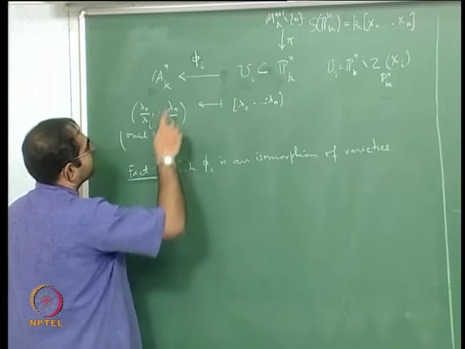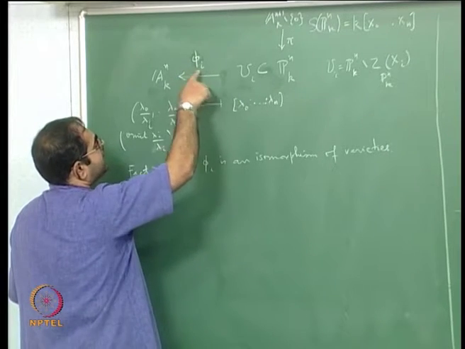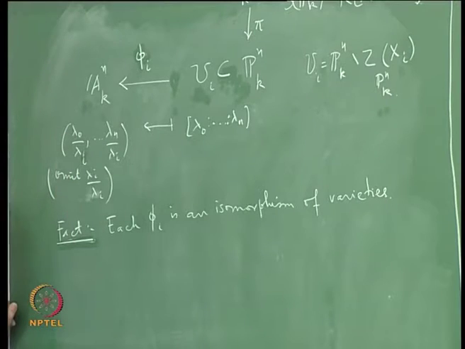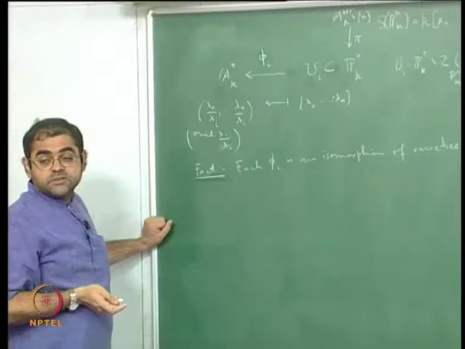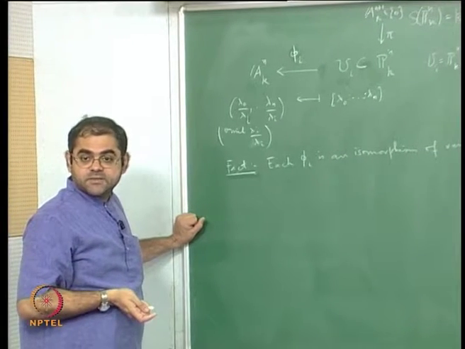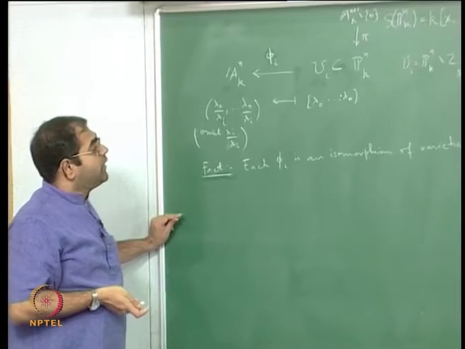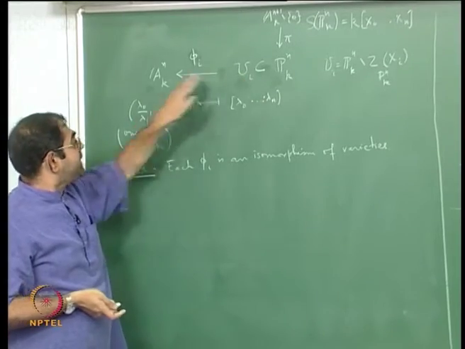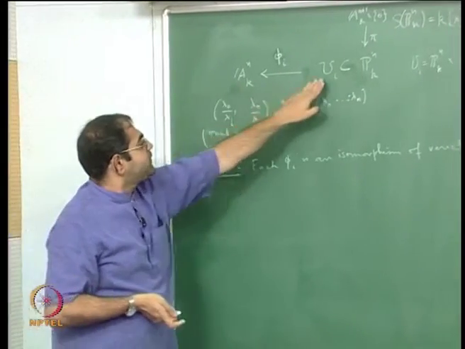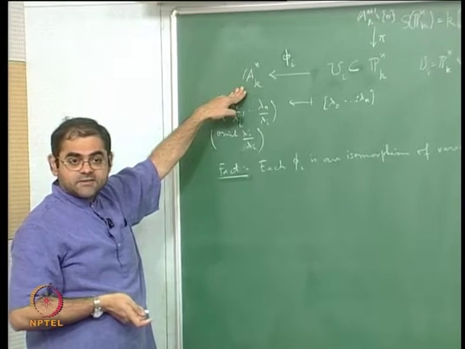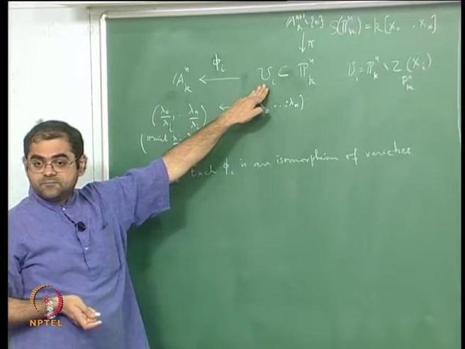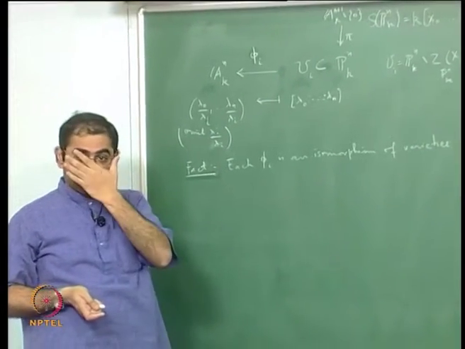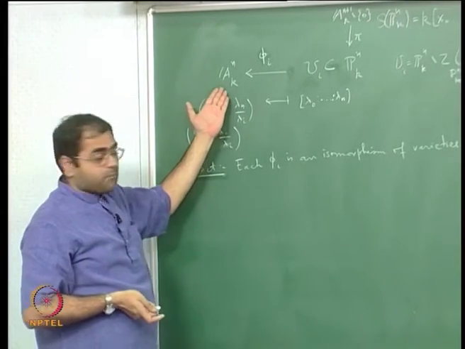What I am trying to say is that each Ui is isomorphic to An, but of course each of these Ui's is a quasi-projective variety because it is an open subset of a projective variety. I am just saying that these quasi-projective varieties are actually affine because they are isomorphic to affine varieties. Namely, this natural open cover of quasi-projective varieties is actually isomorphic to so many copies of affine space.